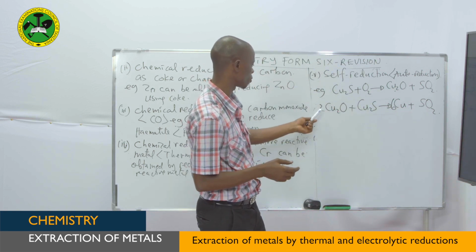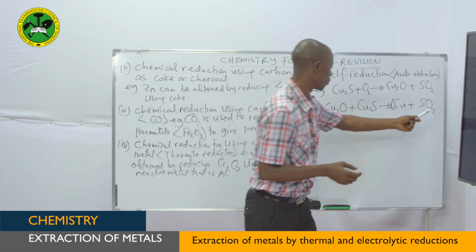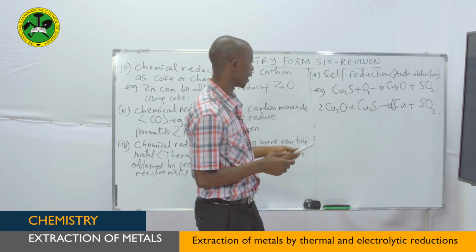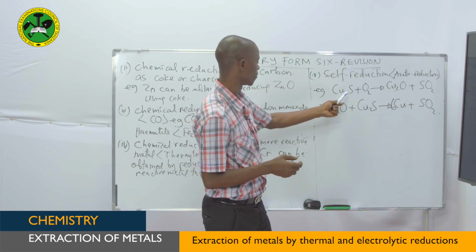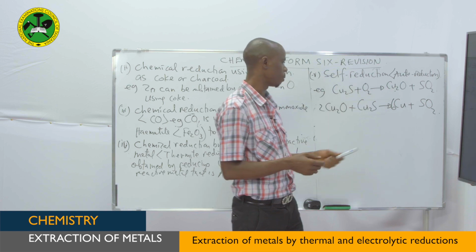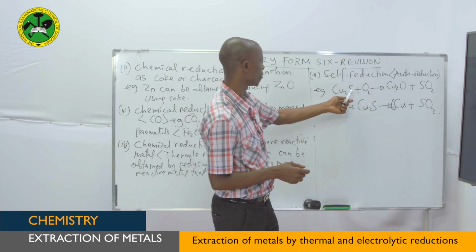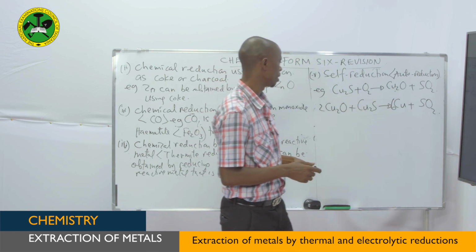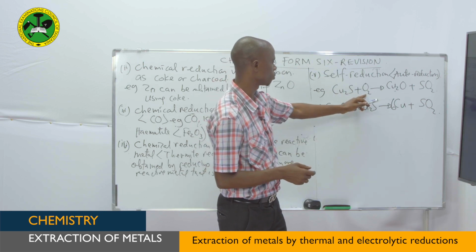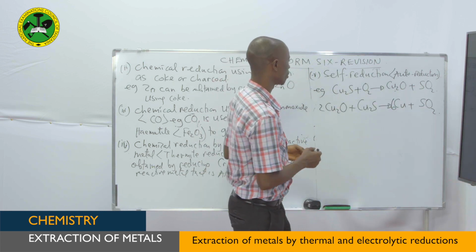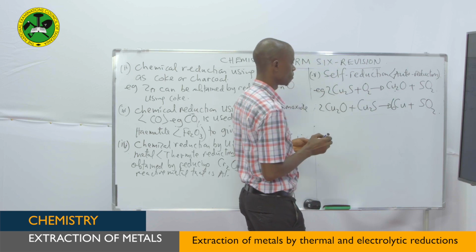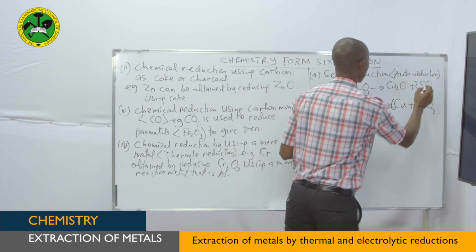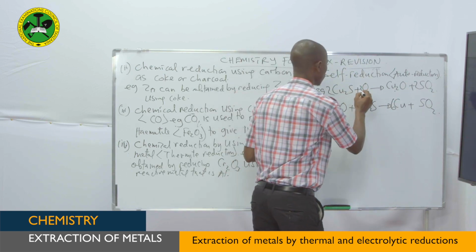Oxygen, we have 2, we have 2. And this one, we have 2 copper, we have 2 copper, there is no problem. Sulfur, we have 1. And how about oxygen? We have 2, and here we have 3. So what we can do, we can put here 2, and here 2, and here 3.